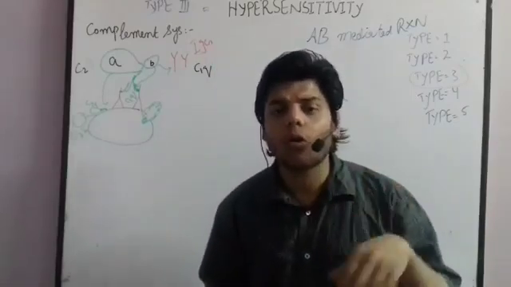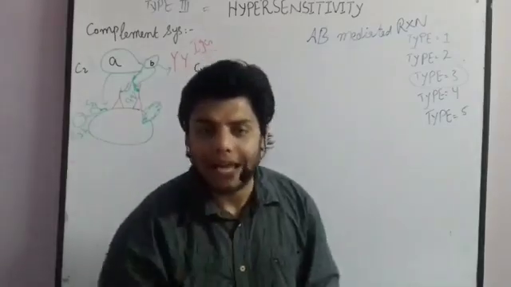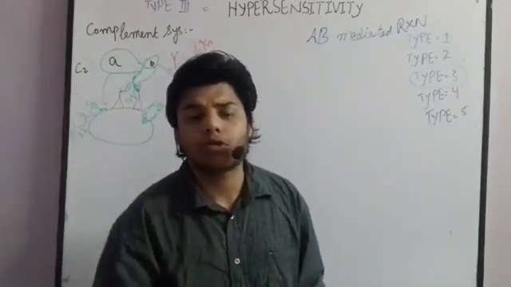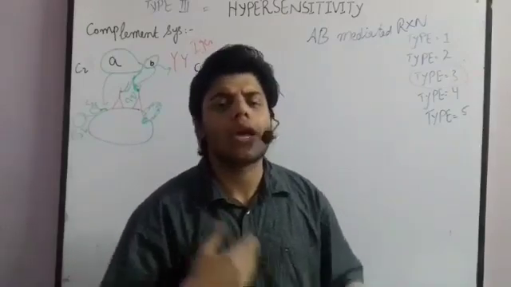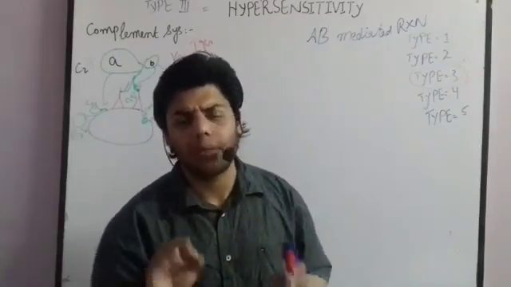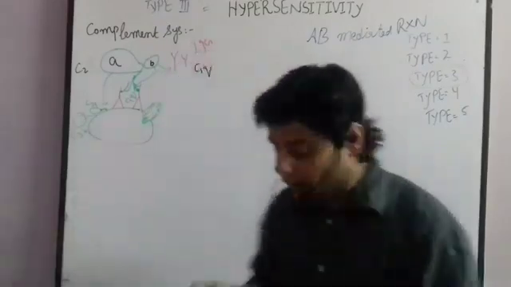First of all, what actually happens? Let's suppose our body is exposed to an allergen. This allergen could be a pathogen, dandruff, animal tissue, any kind of thing that triggers the immune system.